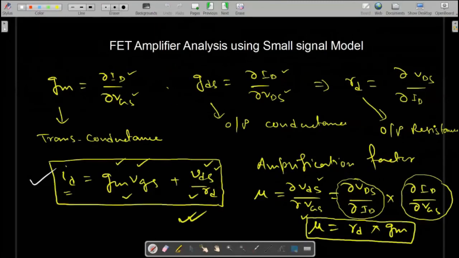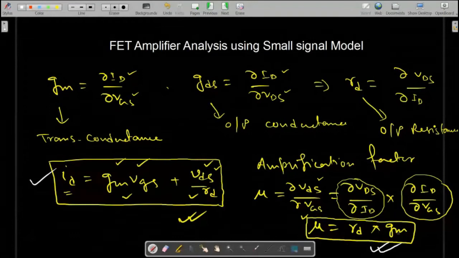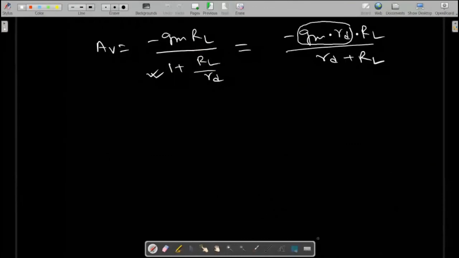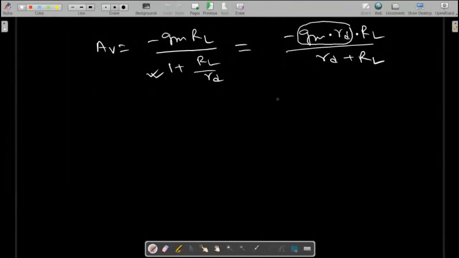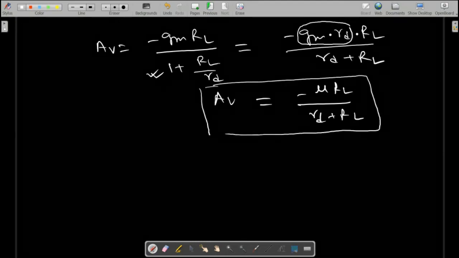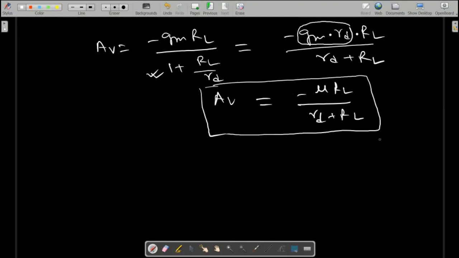RD into GM is equal to the amplification factor mu. So the gain AV is equal to minus mu RL by RD plus RL, where mu equal to RD into GM. That's all. This is the expression for voltage gain of a common source amplifier.